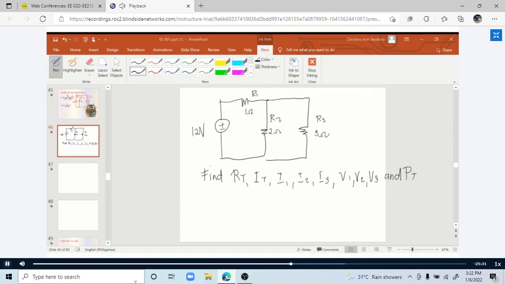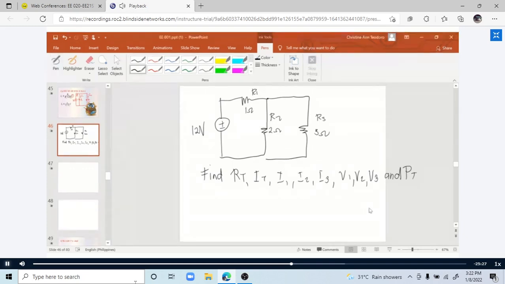Are they in parallel? Let us label the nodes so that we can determine and analyze our circuit. So we have 1, 2, 3, 4, 5, 6.